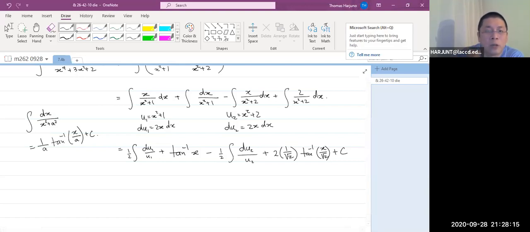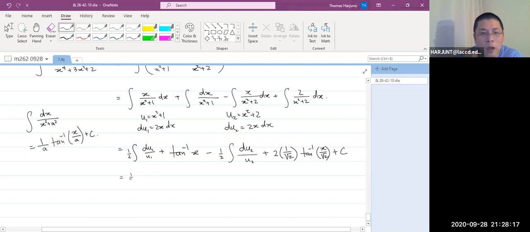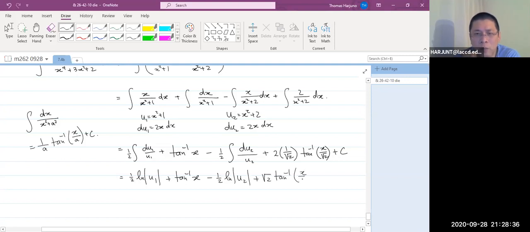Okay, I go on further, then this will be 1/2 natural log of absolute value of u1 plus tangent inverse of x minus 1/2 natural log of absolute value of u2 plus radical 2 tangent inverse of x over radical 2 plus constant. I need to change that u1 and u2 thing though. So that's 1/2 natural log of absolute value of x squared plus 1.